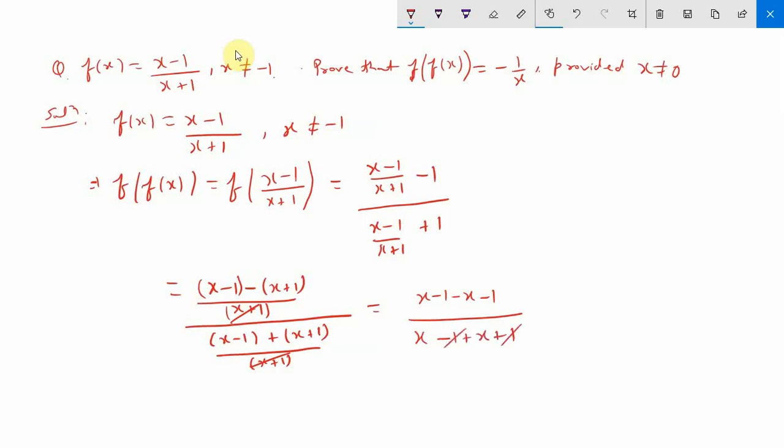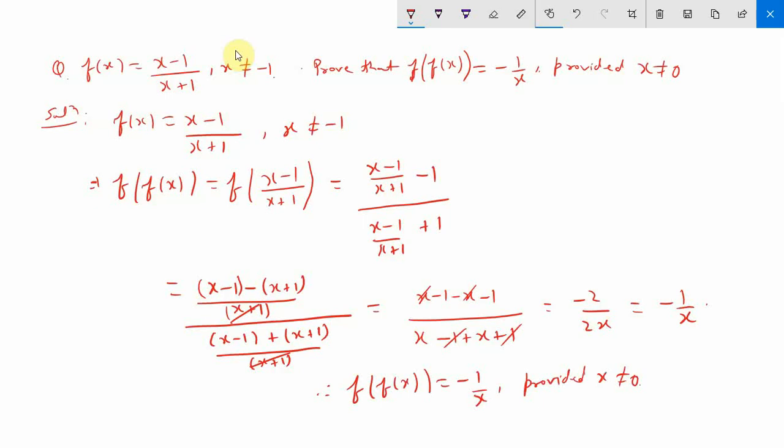Okay, so 1 will get cancelled out in denominator and this x will get cancelled out in numerator. So we will get minus 2 by 2x, which is equal to minus 1 by x. Okay, therefore we can write f of f(x) is equal to minus 1 by x, provided x is not equal to 0.